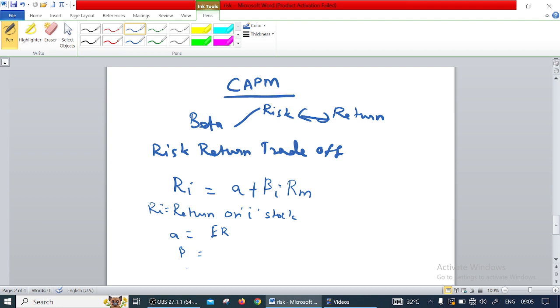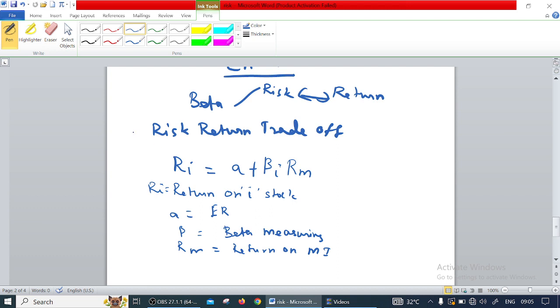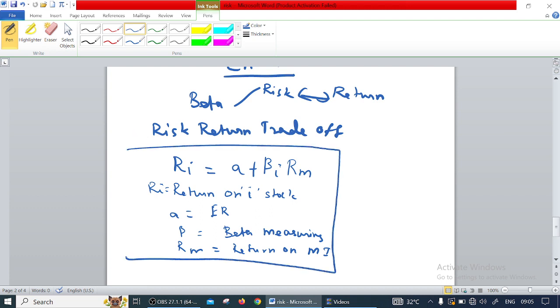So this is the formula for calculating beta. The equation for calculation of beta is Ri is equal to A plus beta i Rm.